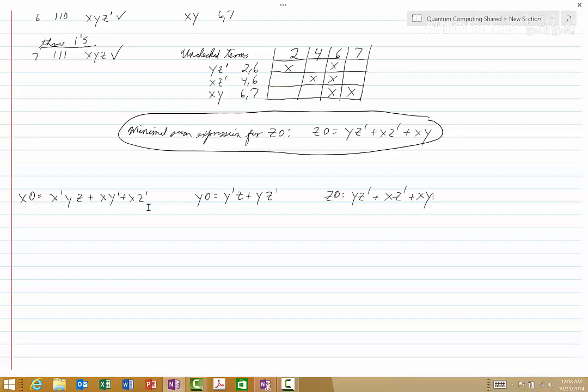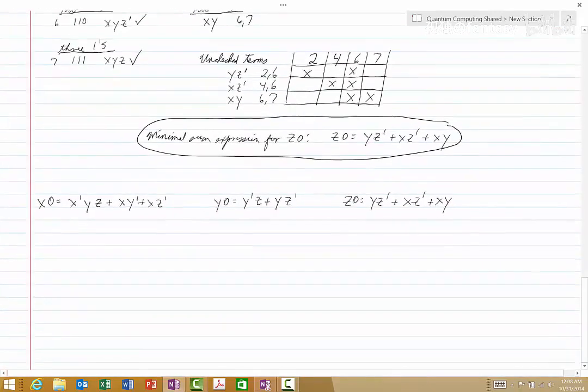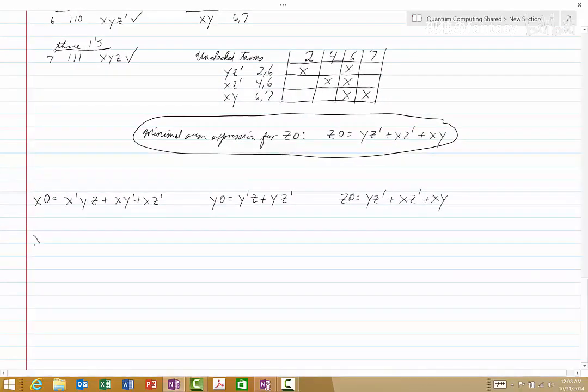Okay. So for each one of these, my approach would be just as we did in the last lecture, which would be to invert each one of these twice. So we have x prime y z, or x y prime, or x z prime, and that's primed, and then primed again.